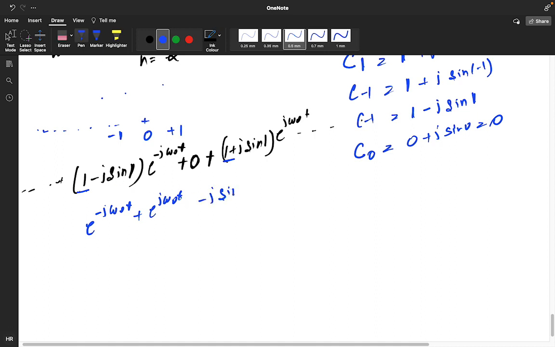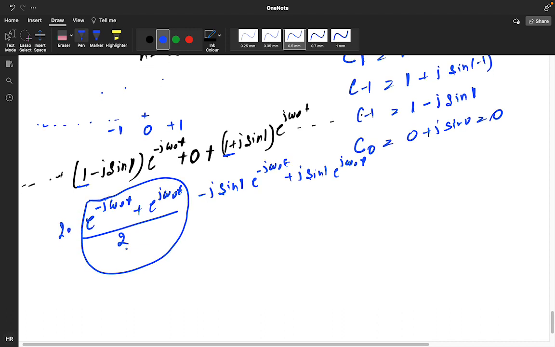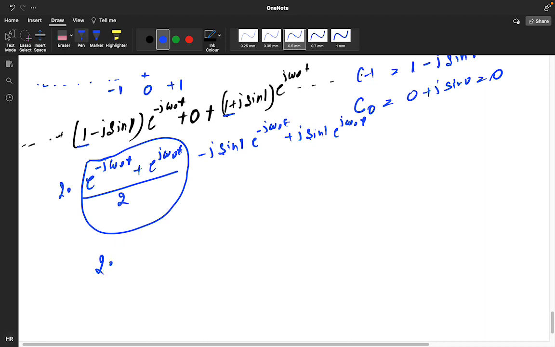Minus j sine 1 e power minus j omega naught t plus j sine 1 e power j omega naught t. We have this much part. So I am dividing 2 here, dividing 2 here. The meaning of this is 2 cos omega naught t.